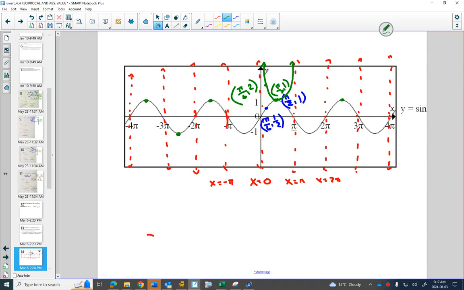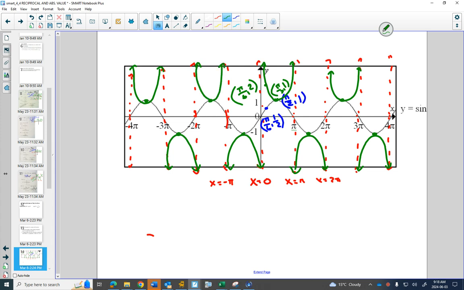And wherever it's negative 1, it's going to stay the same. It has to go up towards the asymptotes because reciprocal graphs never have x-intercepts. And this is the graph of cosecant.